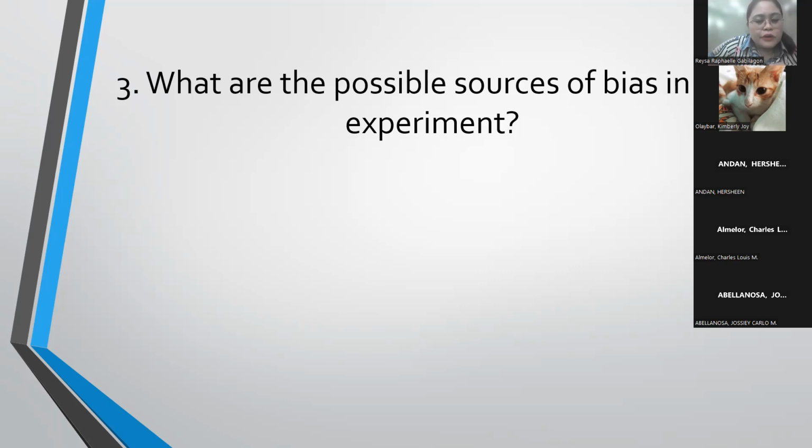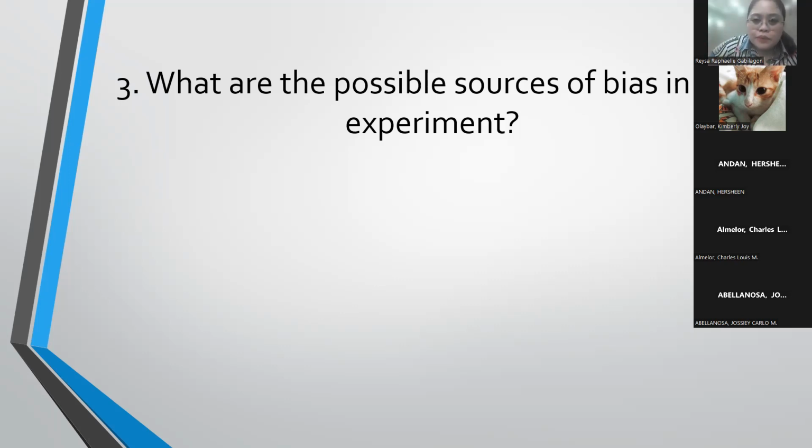Example, they don't know how to calibrate the analytical balance, or even the caliper, if you used caliper during the measurement of the tail, or yung ruler, hindi masyadong skillful yung researcher. So, that's number 1. We call that men.